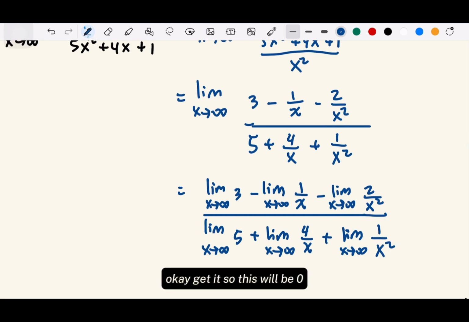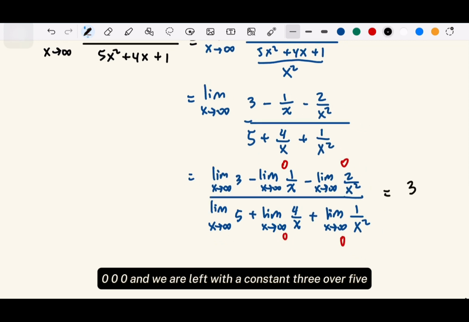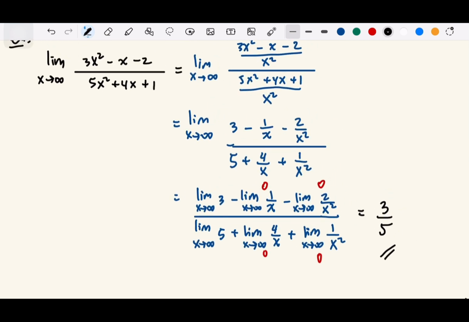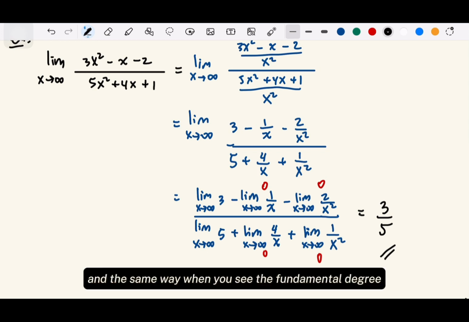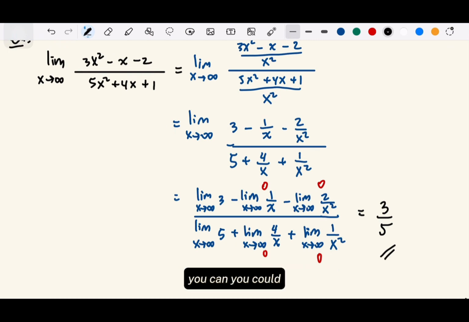Okay, get it? So this will be 0, 0, 0, 0, and we are left with a constant 3 over 5. And the same way, when you see the polynomial degree, maybe one is higher than the other one, you could get directly the answer, either 0 or undefined.